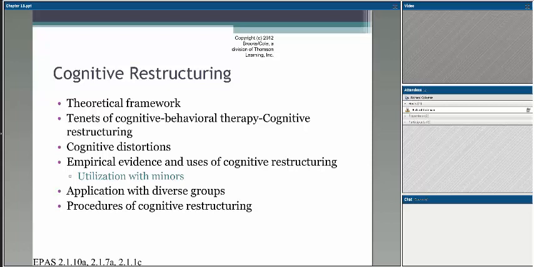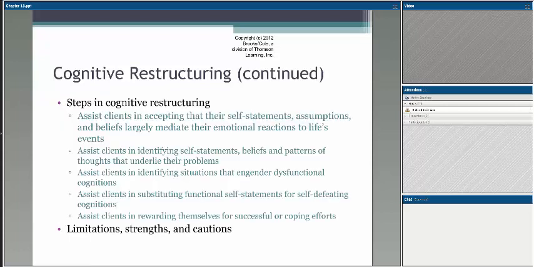So we're going to spend a little bit of time talking about some of those tenets. We're going to do a little bit of exploration around cognitive distortions, the evidence, again, looking at how it works with diverse groups, as well as procedures for cognitive restructuring.